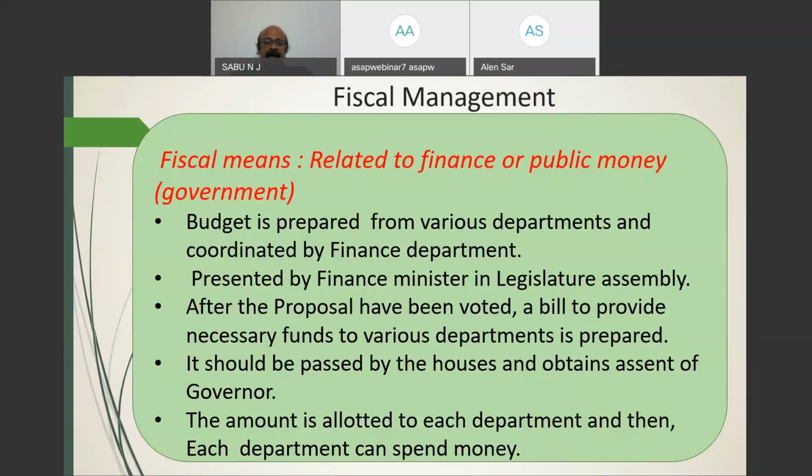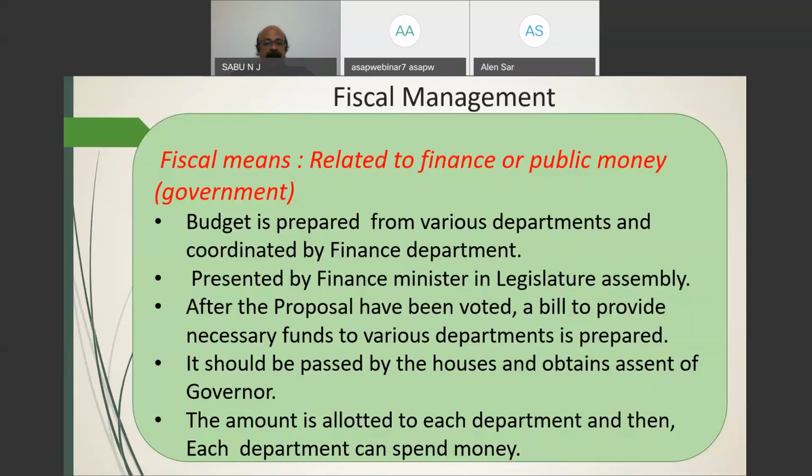That will be coordinated by the finance department, and the budget, the annual statement, will be presented by the finance minister in the assembly. After the proposals have been voted, a bill is prepared for providing the necessary funds to the various departments. That is an important component in fiscal management.